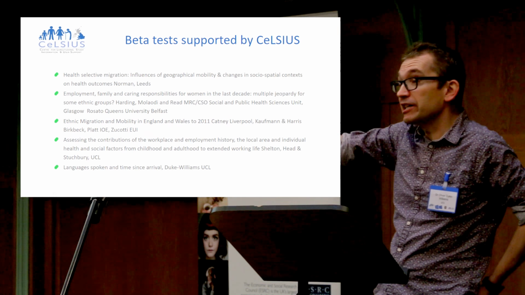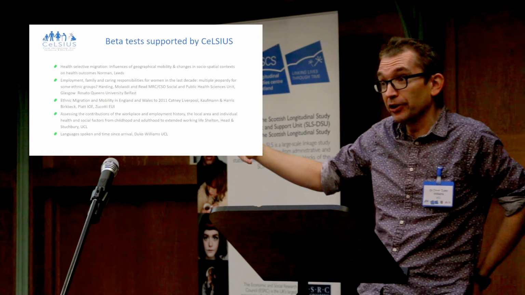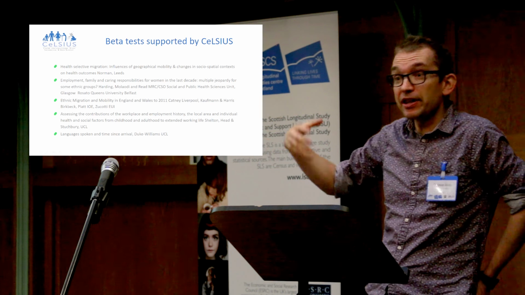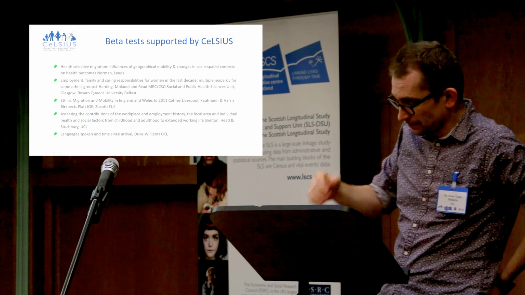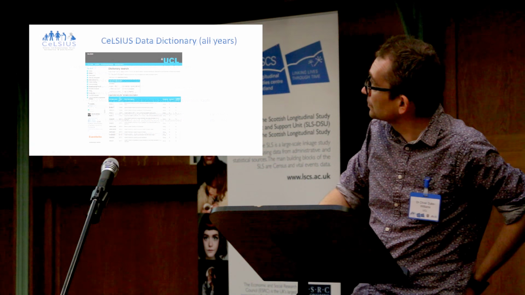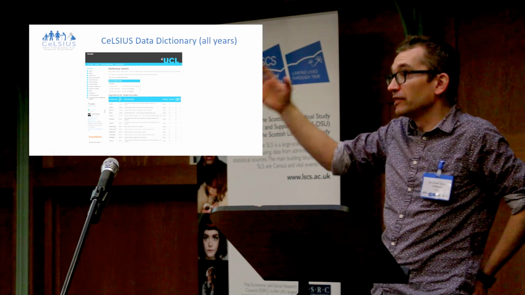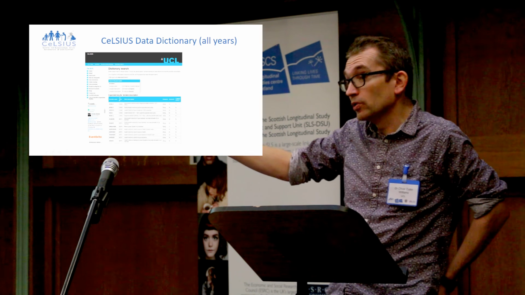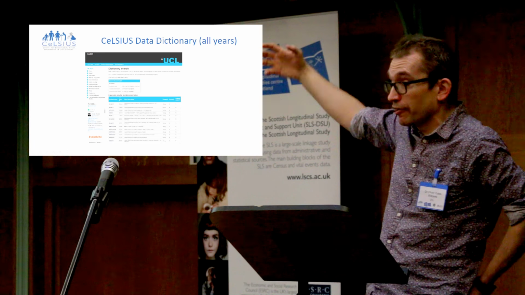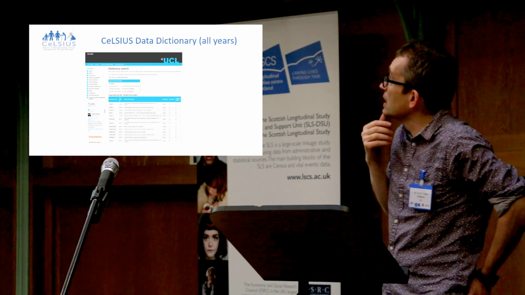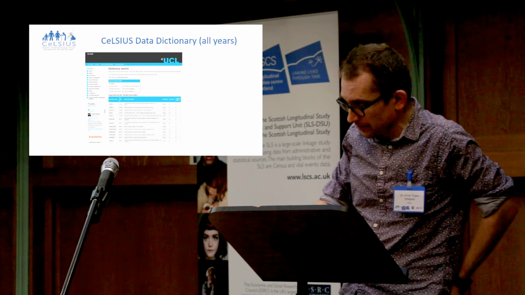In the data up to 2011, we've got a whole load of people who were born in the EU, and we can see whether they're still there in 2021 or whether they're not. We've got a data dictionary that we've developed, and in conjunction with CALLS, we've also contributed to a data dictionary that crosses all three of the studies, and also adds various additional content.